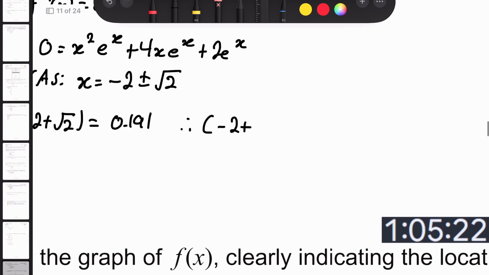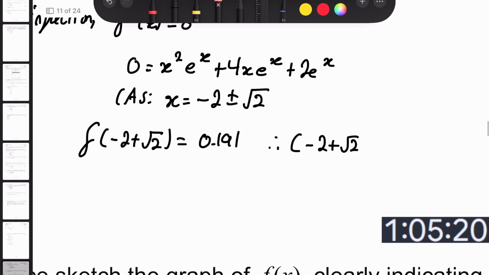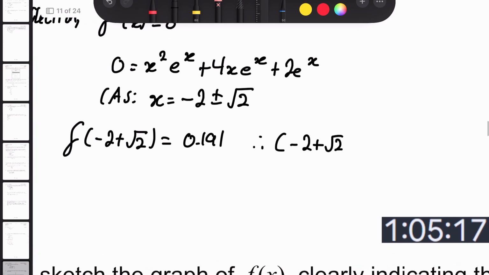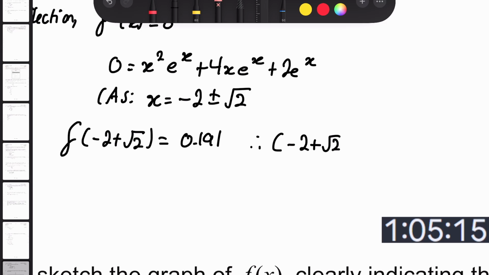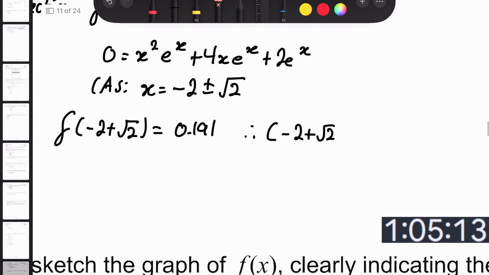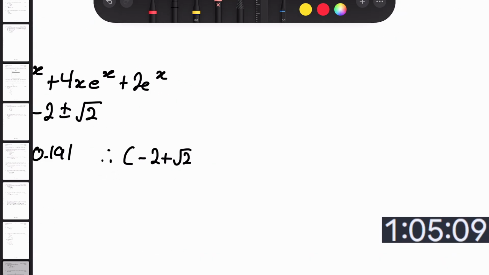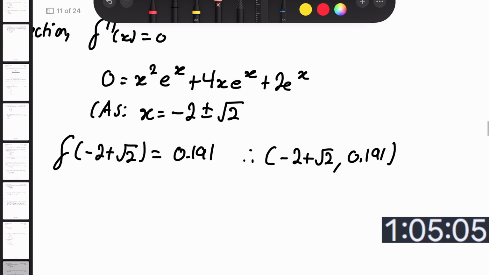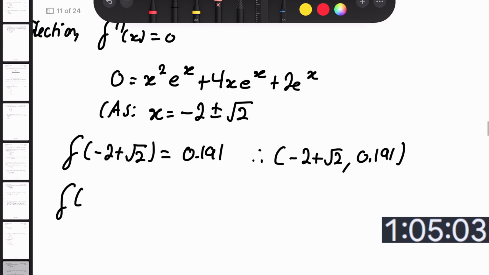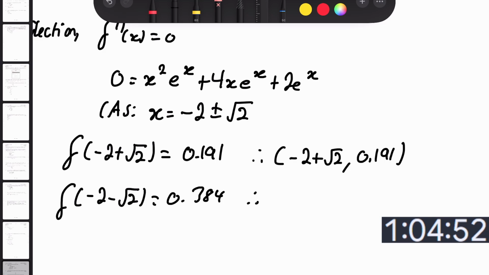Negative 2 plus square root of 2. I think it's fine if it's exact, and then this can be decimal. Negative 2 minus square root of 2, which is going to be 0.384.